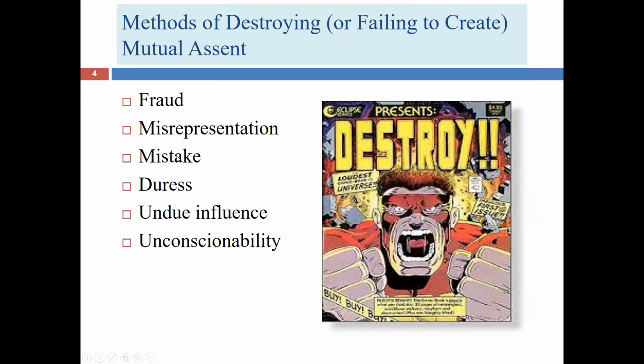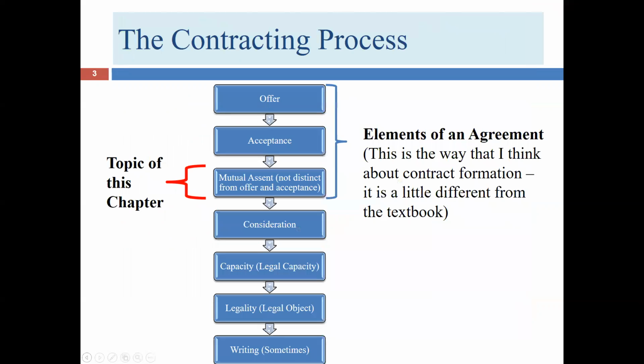So these are united in a particular way. During this lecture, we're going to talk about our last 3 ways that we can destroy mutual assent. The first is duress. The next is undue influence. These 2, duress and undue influence, are closely aligned. And then we have unconscionability, which is an umbrella concept. We'll talk more about that as we go forward.